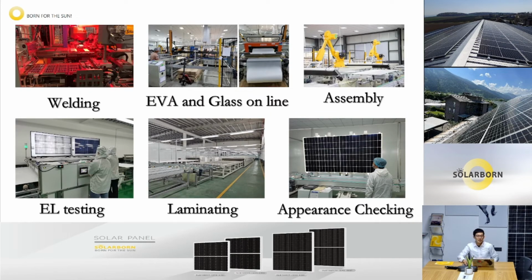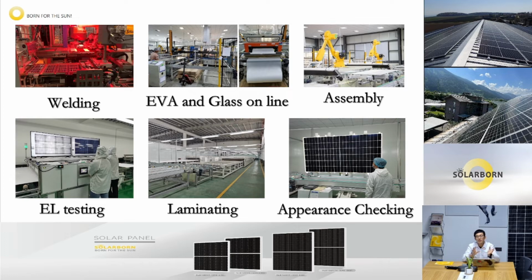Okay, next is the workshop, to show how the solar panels are made. First step, the workers put the solar cells into the welding machine. The welding machine connects the solar cells to get the solar series.